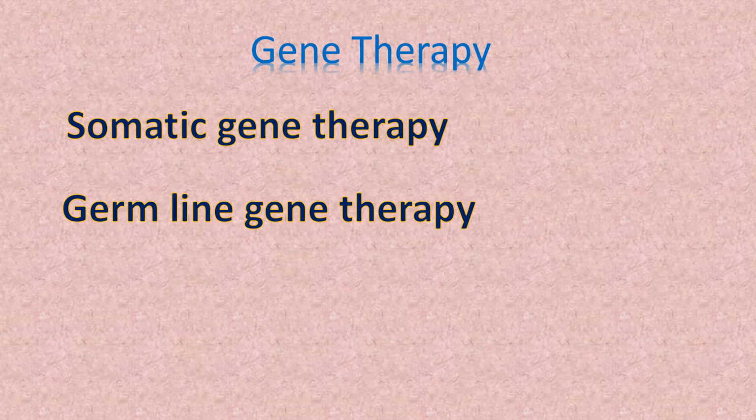In the egg or sperm, the defective gene is replaced. This is called germline gene therapy, and it is transferred to the next generation. The progeny will get the new gene. That is germline gene therapy.